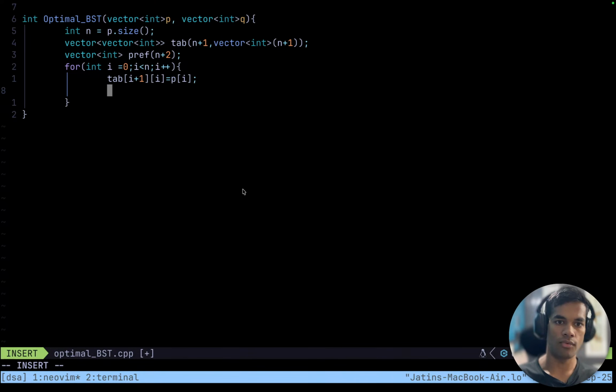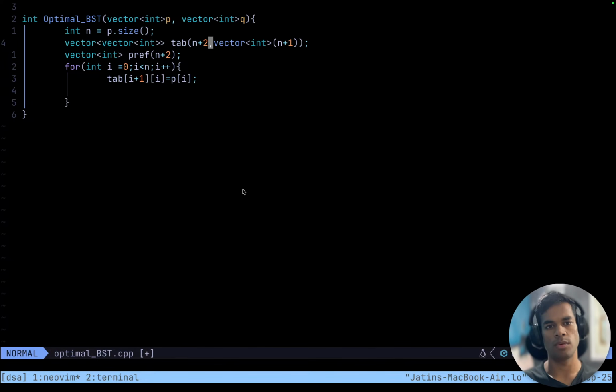And pref i would give me the answer when I'm choosing all the nodes till i. So this should be plus 1, and I think this should also be plus 1.